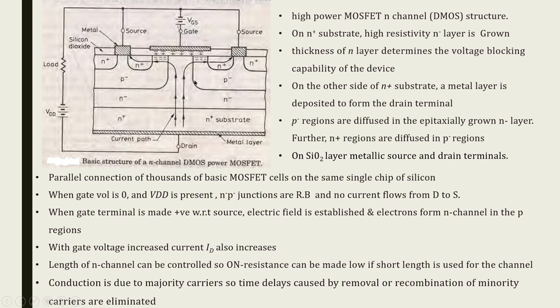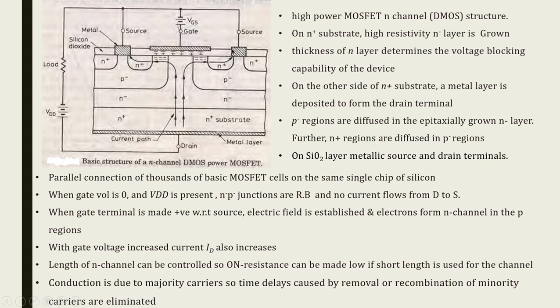Okay, here initially, if the gate voltage is 0 and VDD is present, the N minus P minus junction is reverse biased and no current flows from drain to source. Here the drain is connected to the positive terminal and the source is connected to the negative terminal.